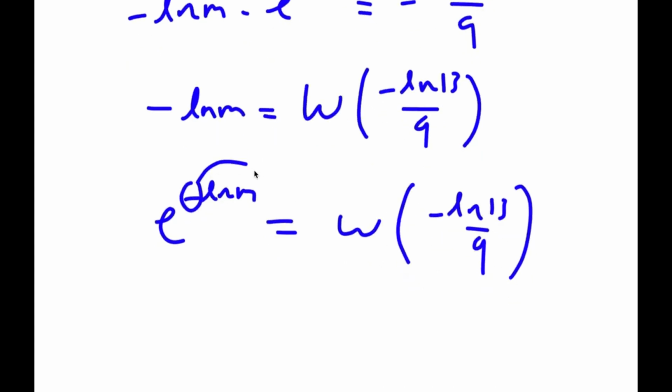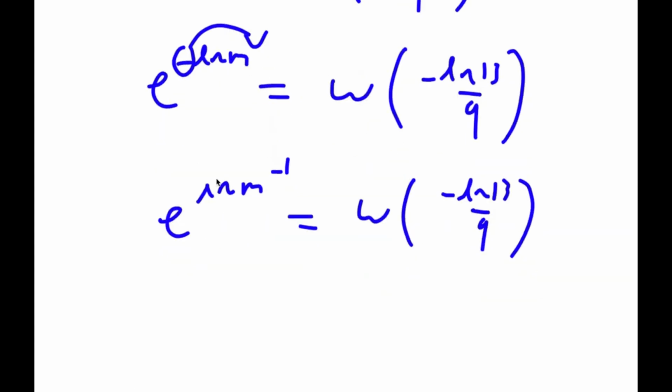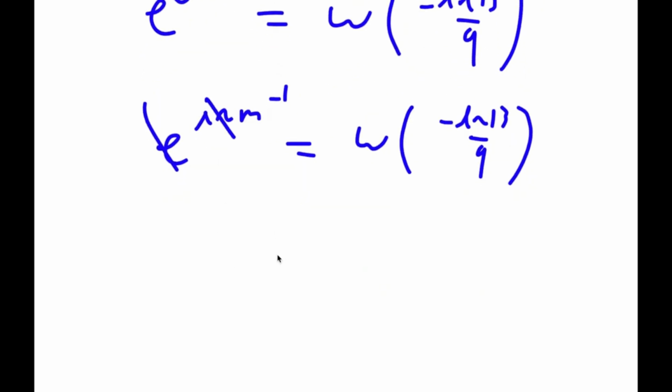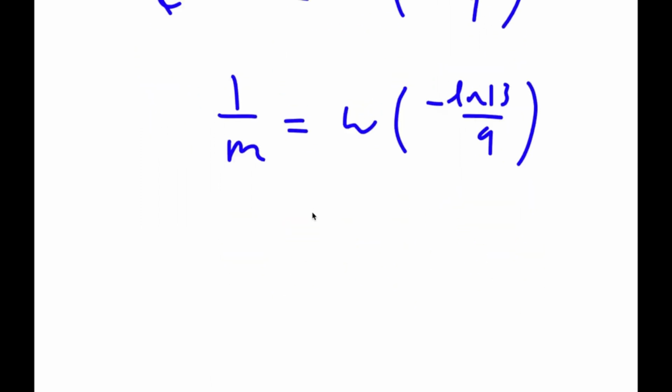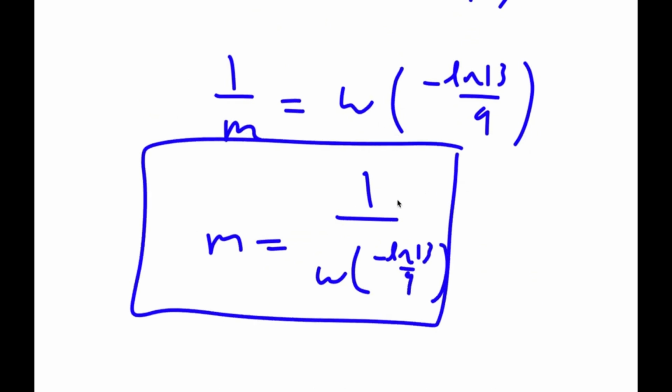Now I can move this negative to the front. So now I have e to the power of ln m to the power of -1 is equal to w of negative ln 13 over 9. And now these two cancel out, so now I have 1 over m is equal to w of negative ln 13 over 9, meaning m is equal to 1 over w of negative ln 13 over 9. So this is my answer.